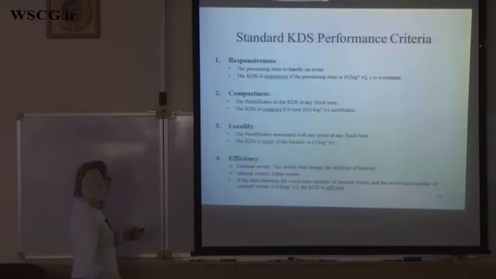Compactness is how many of these certificates you need to maintain at any time. So compact means you're using n log to some constant n number of certificates. And locality means the number of certificates that's associated with any point that's moving. It's local if no point is using more than polylog certificates. So those are the performance criteria.